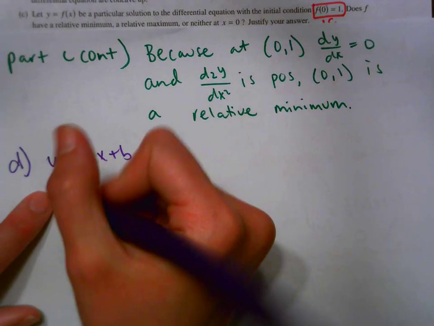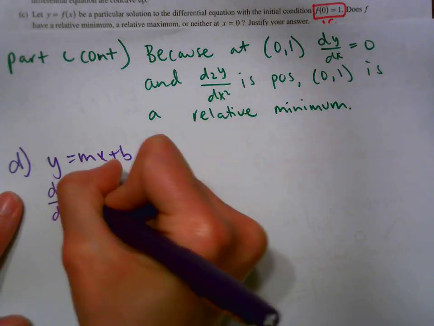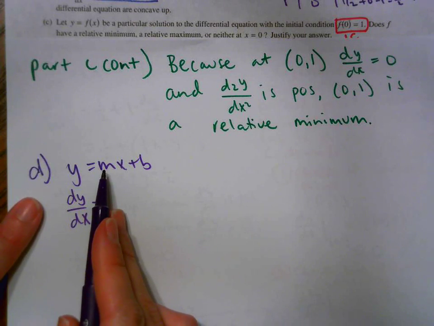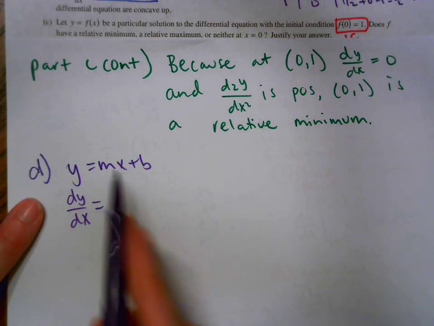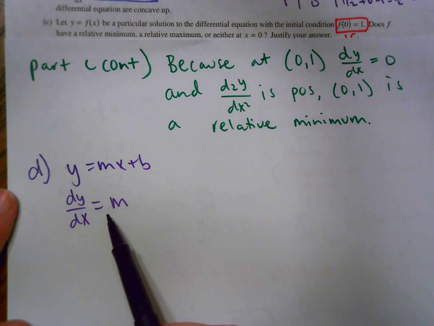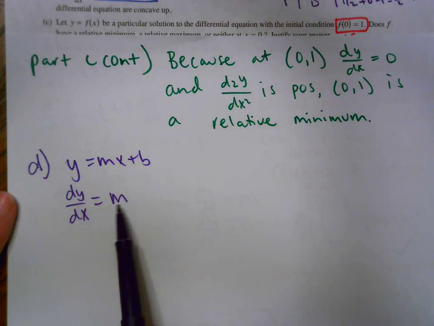So what is the derivative dy/dx equal to for this equation? Well, we know m is a constant, or a coefficient, right? So the derivative of mx is just m, and the derivative of b goes away. So we have what y equals, and we have what dy/dx equals.